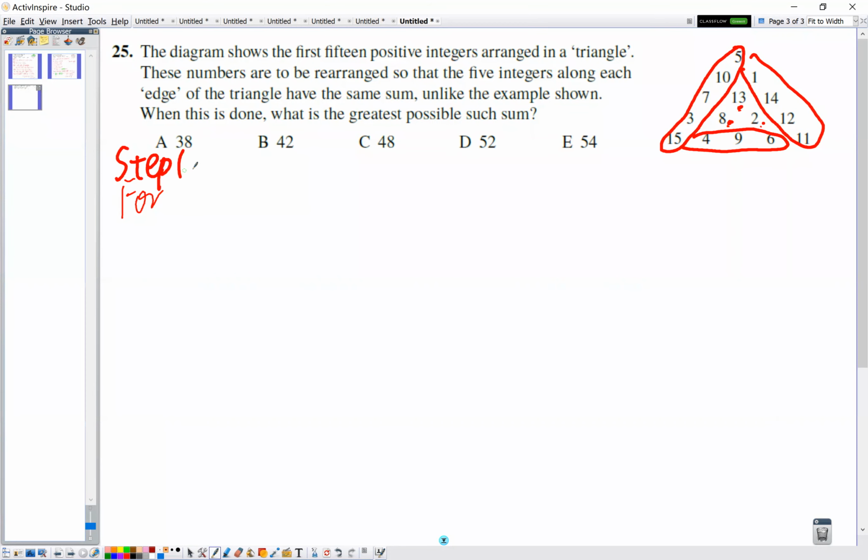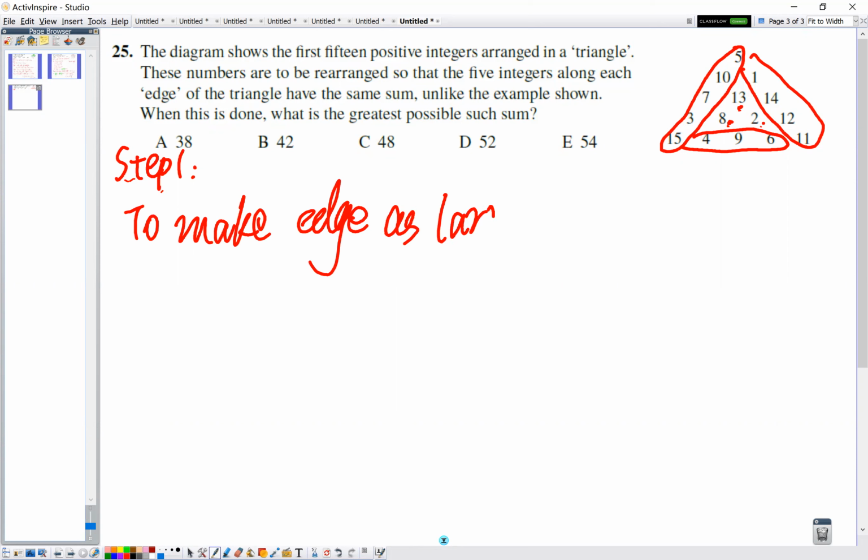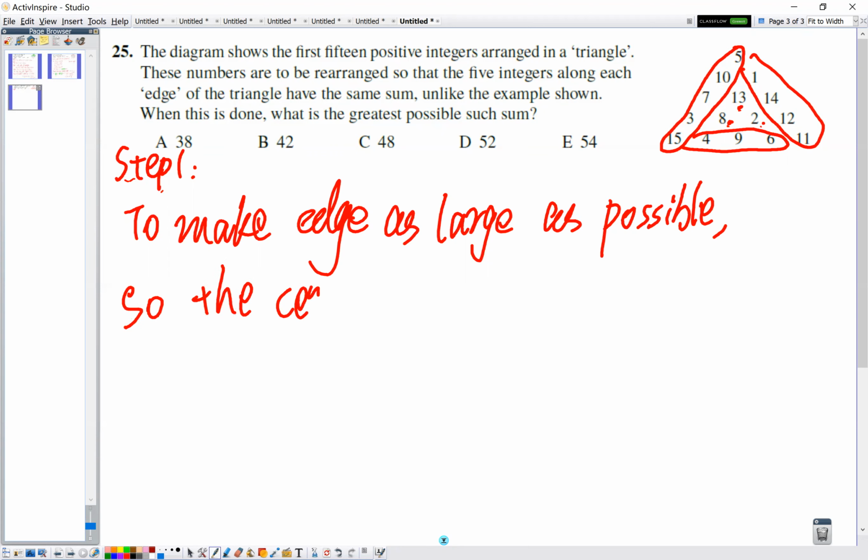Step 1: to make the edge as large as possible, the center has to be as small as possible.